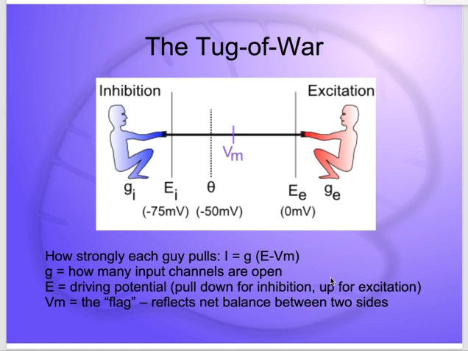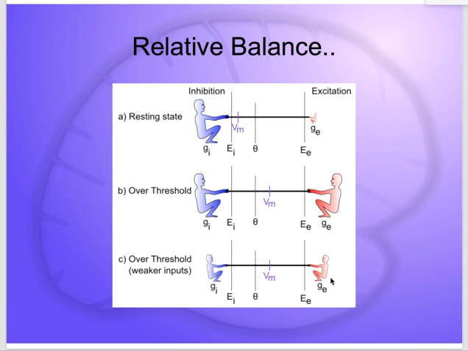So basically, the closer V sub M gets to E sub I, the less powerfully the inhibitory guy can pull, whereas the closer V sub M gets to E sub E, the more powerfully the excitatory guy can potentially pull. And V sub M, which is the membrane potential, reflects the net balance between the two sides.